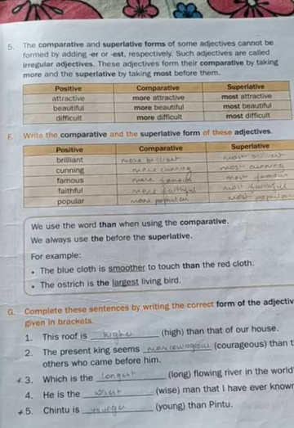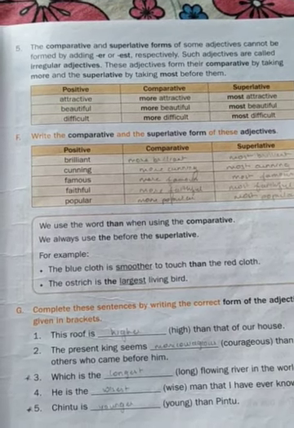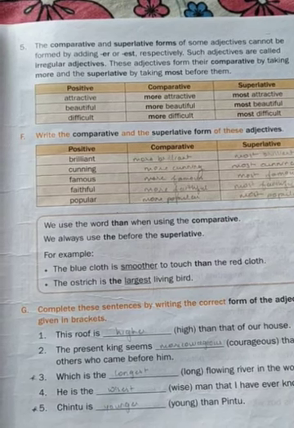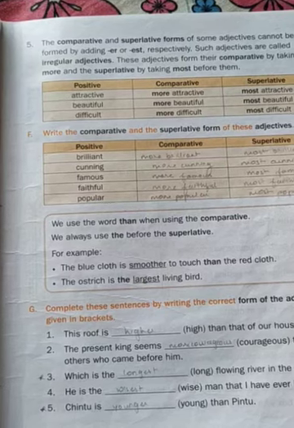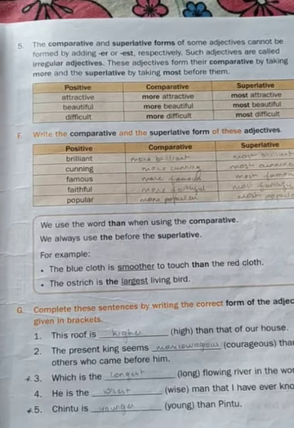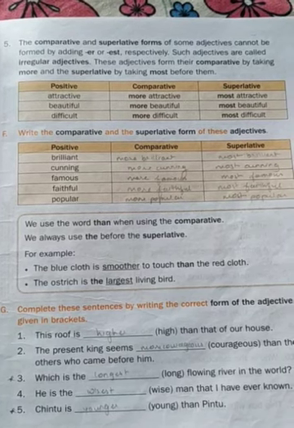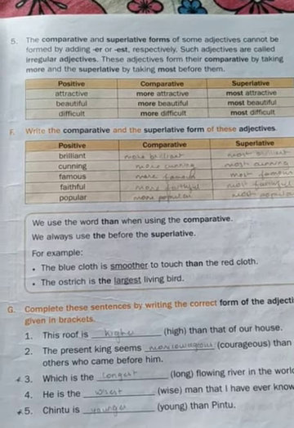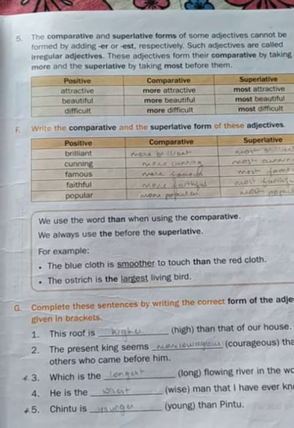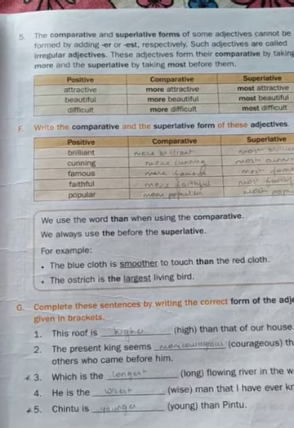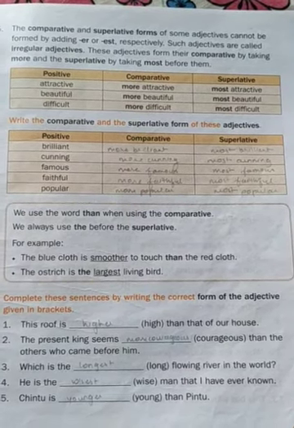These adjectives form their comparative by adding more before that adjective. It means we have to keep that adjective as it is and add more in the comparative degree, and the superlative by taking most before them. Understood? It means the positive degree adjective, we write as it is, in the case of comparative we write more before it, and in the case of superlative we write most before it.